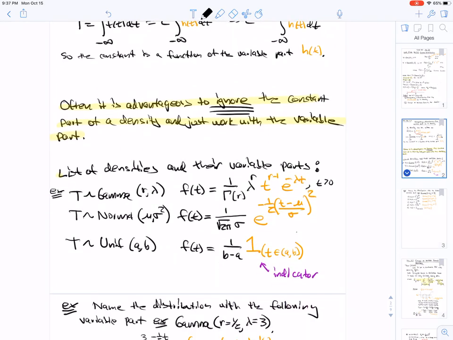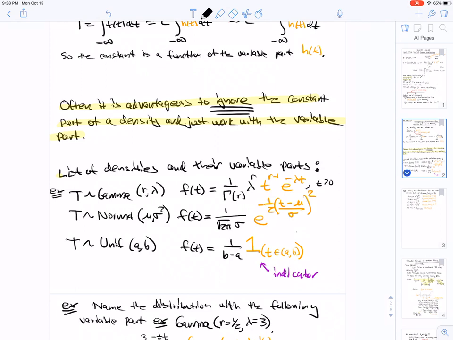So here's a list of densities we've seen so far and their variable parts. Notice that for the gamma distribution, the variable part is of the form t to an exponent times e to the minus lambda t, where t is greater than 0.